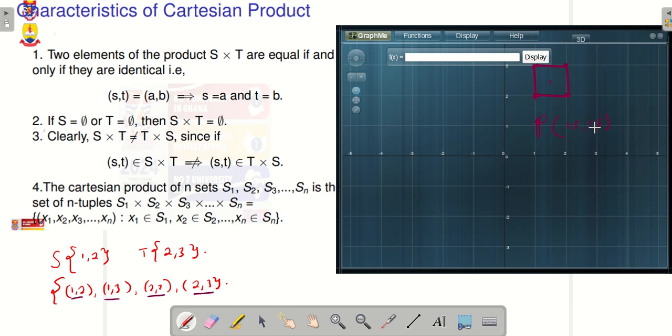If I pick another point Q in the rectangle, I can pick a different point.